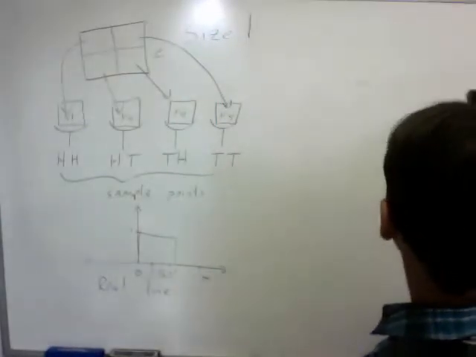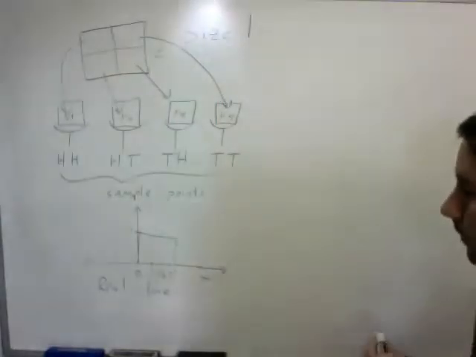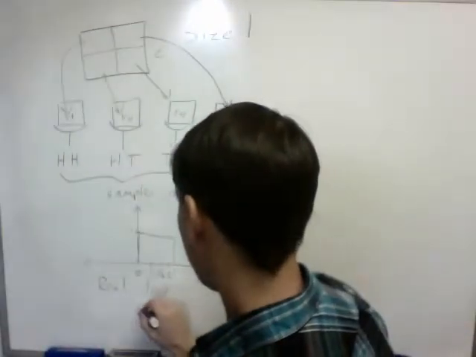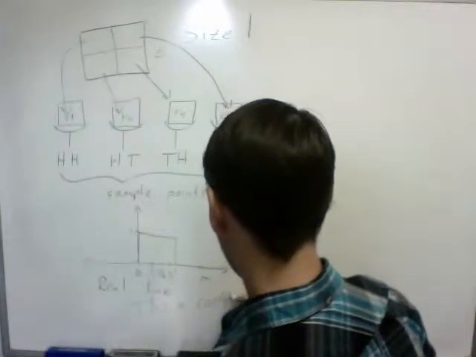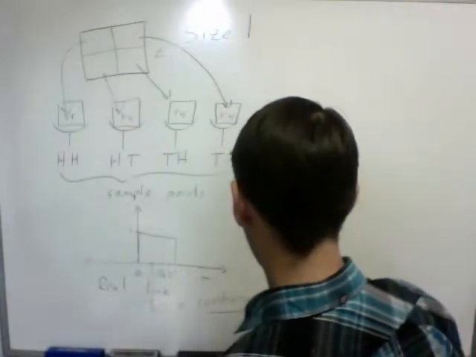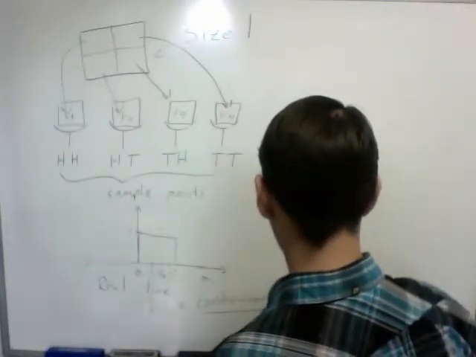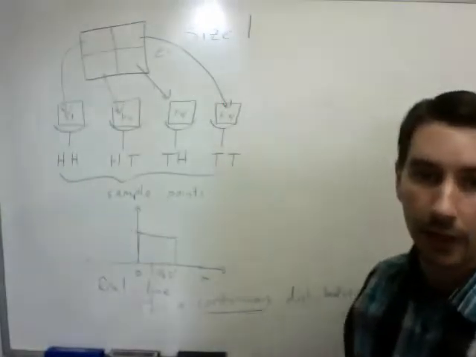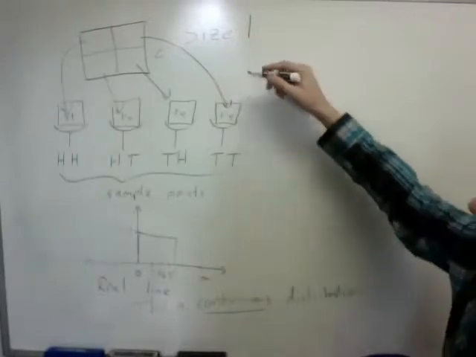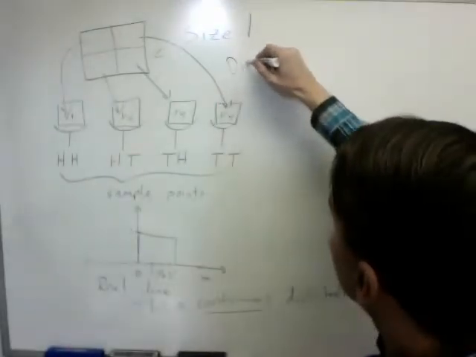This kind of thing is what we're going to call a continuous random variable. So this is a continuous distribution, whereas what we've been looking at so far is called discrete.